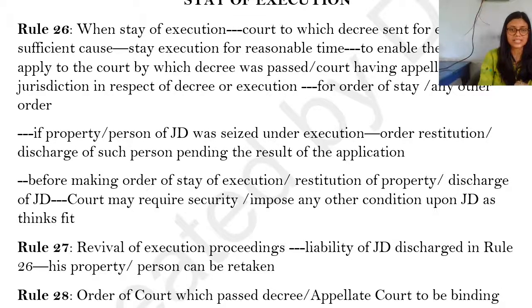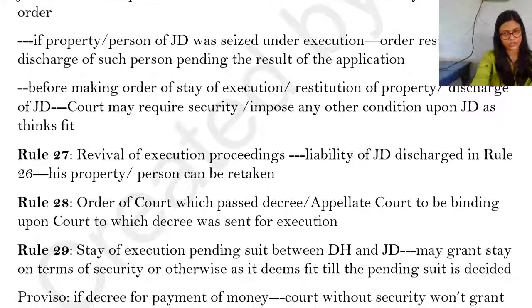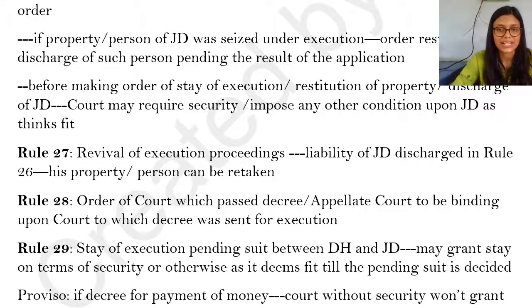Now rule 28 says that the order of the court which passed the decree, or the appellate court, will be binding on the court to which the decree was sent for execution. And rule 29 says that if there is a pending suit between the decree holder and the judgment debtor, then on terms of security or otherwise, execution will be stayed till the pending suit is decided.